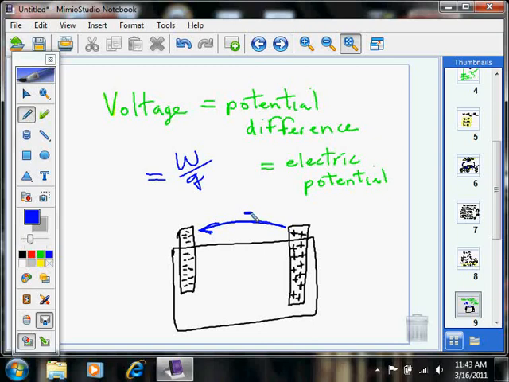So, the way I like to think about it, anytime you're talking about the difference between one point, say point A, and another point, point B, and you're talking about the voltage between those 2 points, or the potential difference between those 2 points, I always think of it this way. The greater the voltage between those 2 points, the greater the difference in electron concentration. In other words, this one has a higher concentration of electrons. This one has a higher lack of electrons.